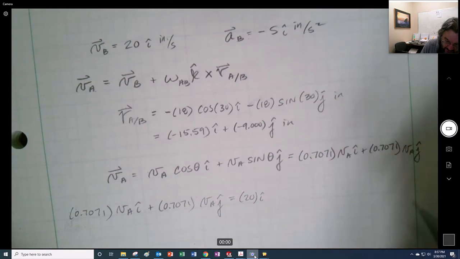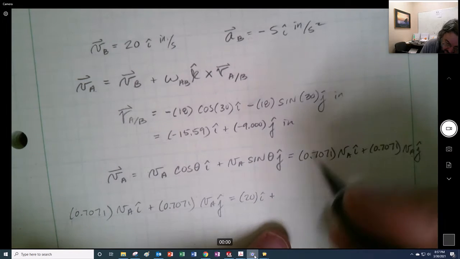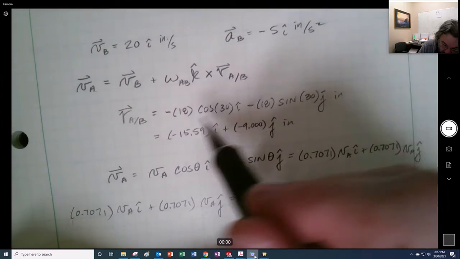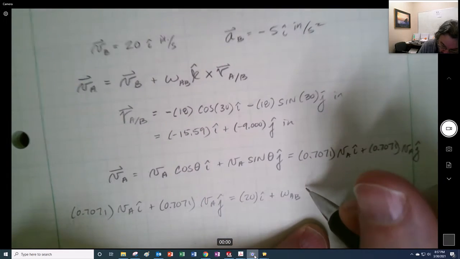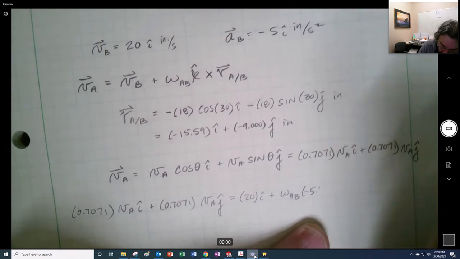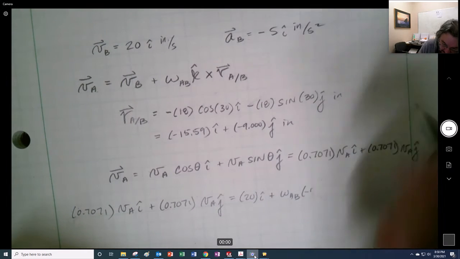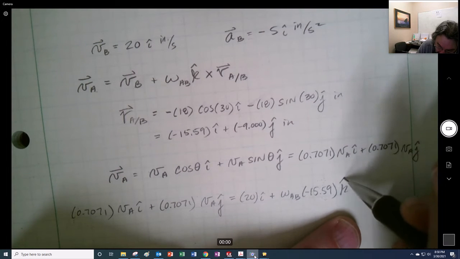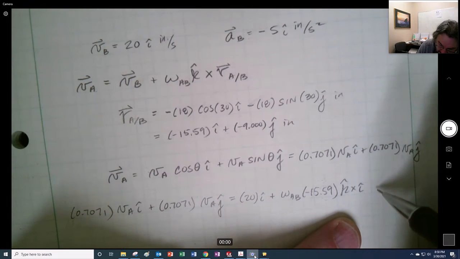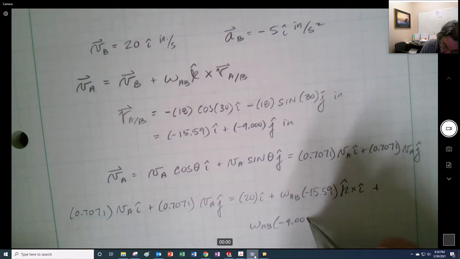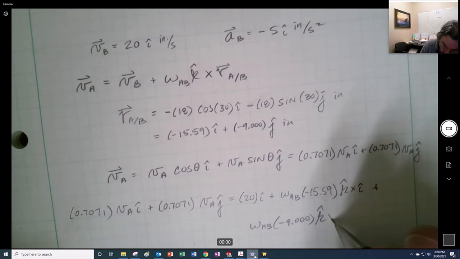20 i plus omega AB times my negative 15.59 k crossed with i, plus my omega AB negative 9 k crossed with j.